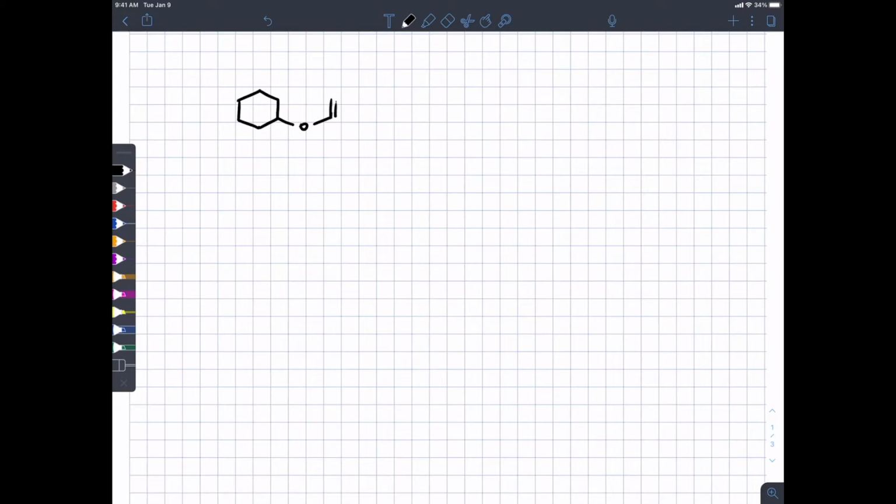A carbamate is, and if you don't already know this, you'll learn it, a carbonyl at the CO2 oxidation state. It's got one sigma bond to an oxygen and another sigma bond to a nitrogen. We call this an aryl carbamate because you've got the arene ring here. And then we'll have some R group on the nitrogen and a hydrogen there. So this is an aryl carbamate with an amide-type proton.